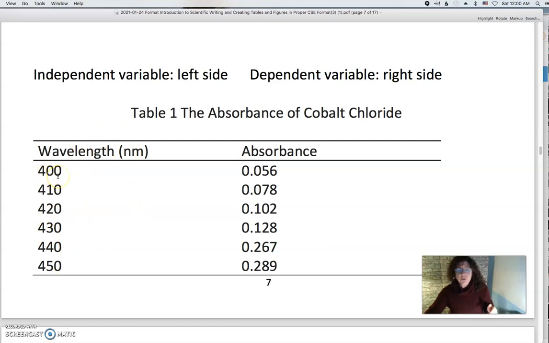You are adjusting the wavelength in your spectrophotometer. And the dependent variable is always on the right side. Cobalt chloride will absorb that spectrum at a certain level, and that will be a dependent measure, a dependent variable. It will always be on the right side.